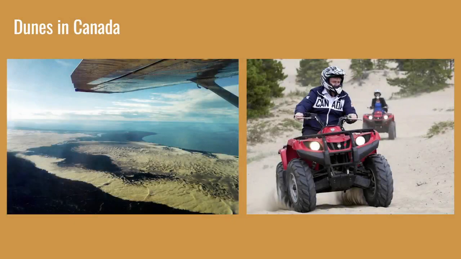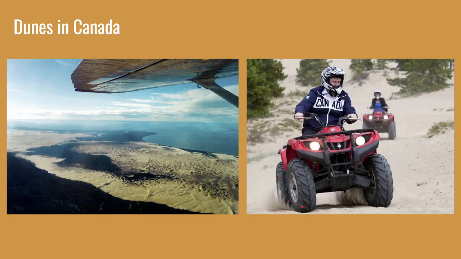And while people think about the Sahara when they think about dunes, we have lots of dunes here in Canada. On the left-hand side here is the Athabasca dune system. I believe this is in Saskatchewan. And it's an absolutely stunning dune system that was formed near the end of the last glaciation and is still active today.